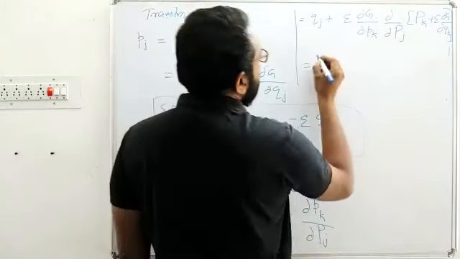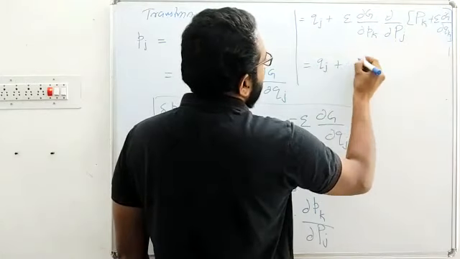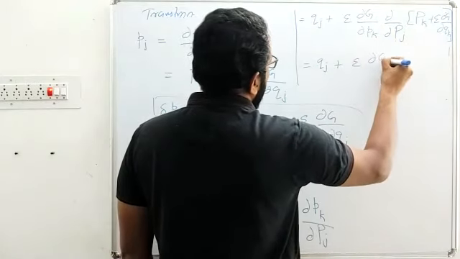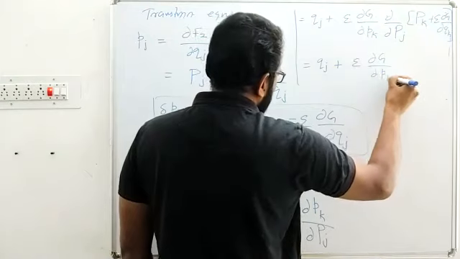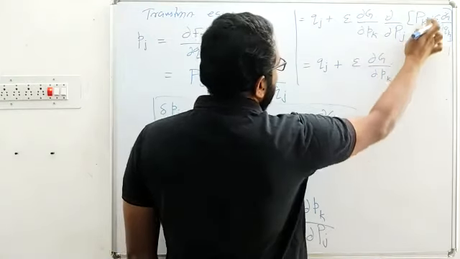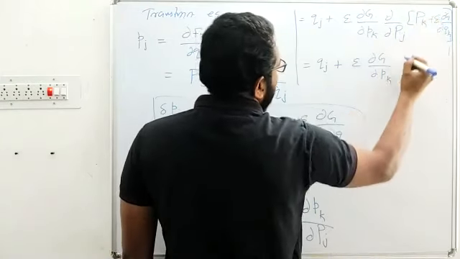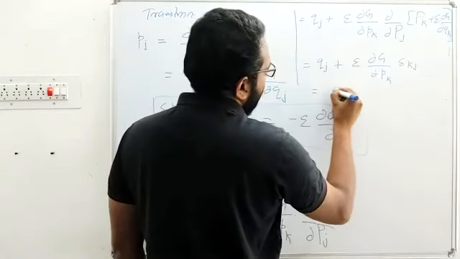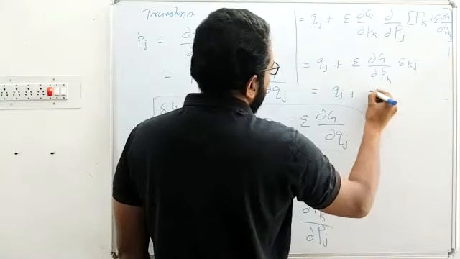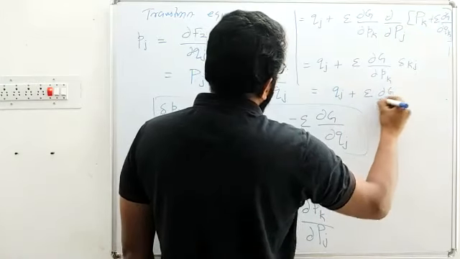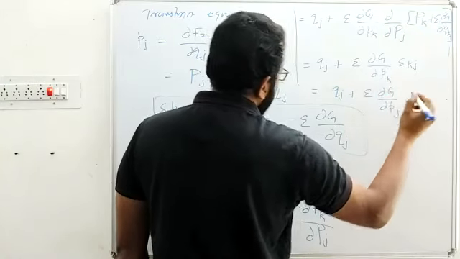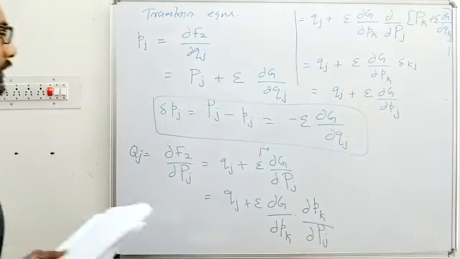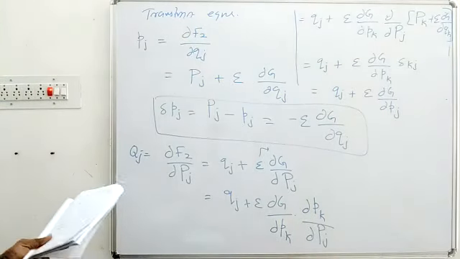So this becomes Qj plus epsilon ∂G/∂pk, and you have ∂/∂pj of pk, that's delta kj. So this is equal to Qj plus epsilon ∂G/∂pj. All right, so this is what we have.